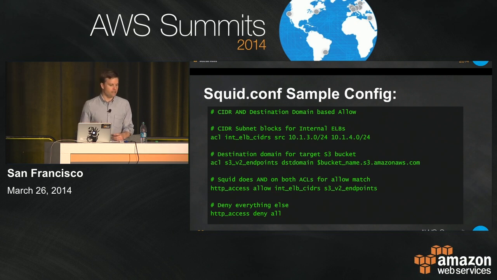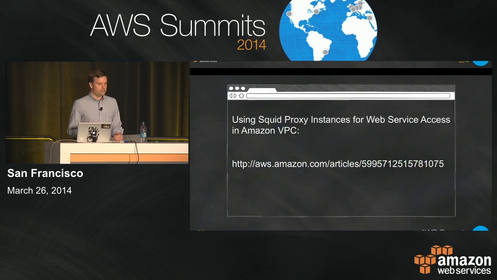If not, deny everything else. And we actually have all the CloudFormation templates and everything you need to try this at home at this link. This is also a good option if your outbound traffic is all HTTP based. This is another option for scaling outbound NAT, so you could put proxies there, but obviously you'd be limited in the kind of traffic that you could use.